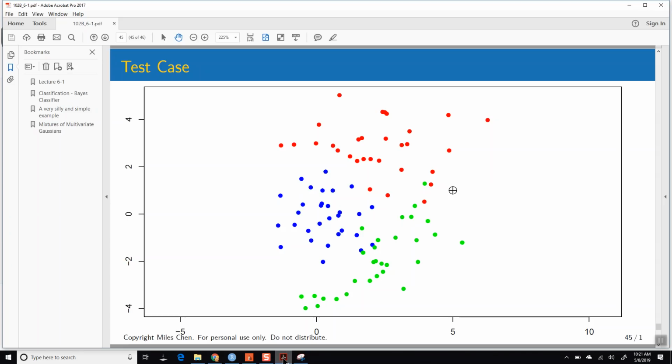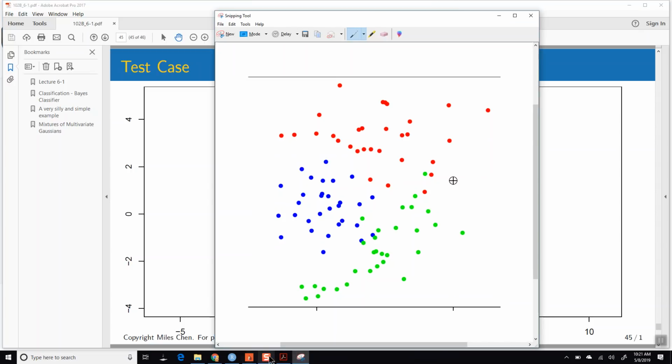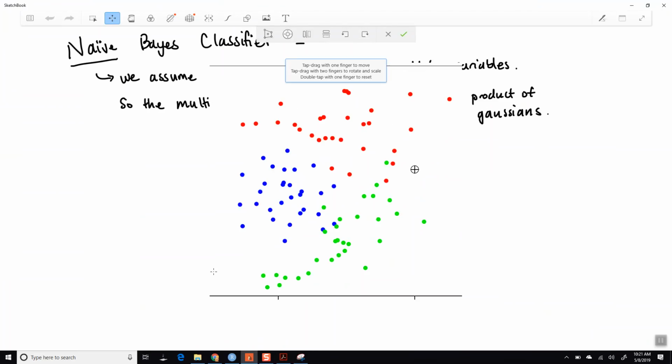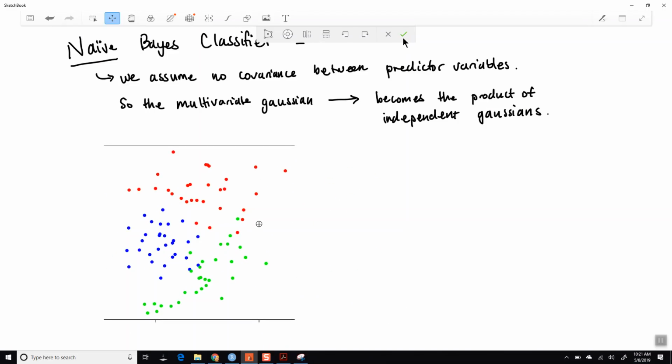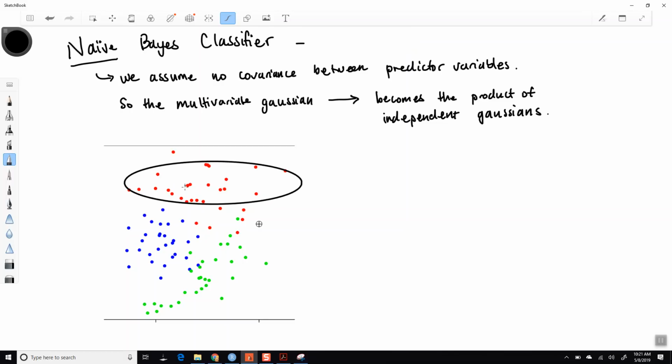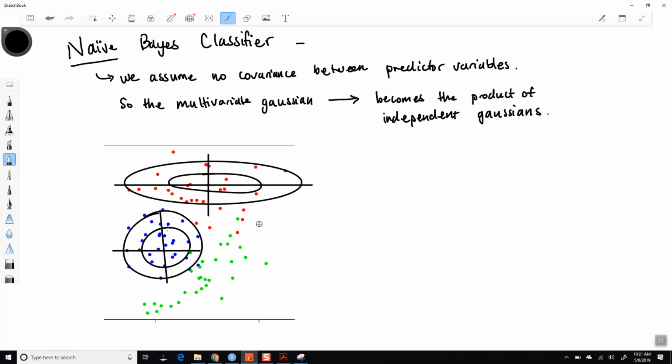And so what we're effectively doing here is, when we're creating the ellipse to represent the multivariate Gaussian, this one already had no covariance, and this one also already had no covariance, and these lines are supposed to be perpendicular to each other.